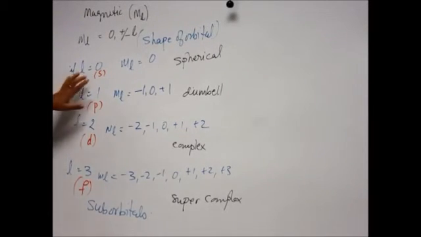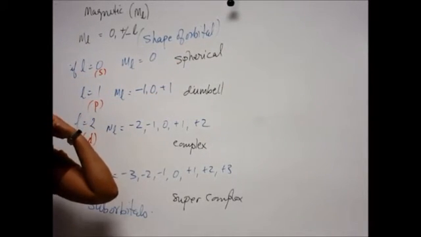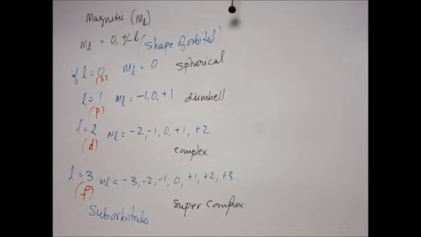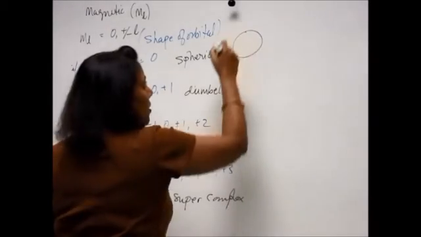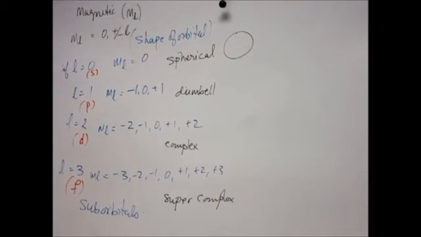So S is spherical, and please think in 3D. Don't think 2D. Atoms are 3D. Otherwise we would be 2D, which I'd be happy with, that's fine. But they are all 3D. So when we say spherical, we're not saying it's just cut out of paper spherical. We're talking about a ball. So you have this soccer type ball or basketball, whatever ball type you have, and that's where you find the electron.